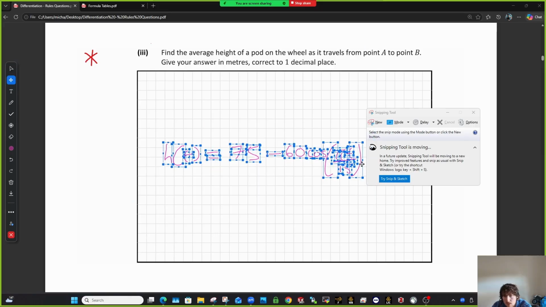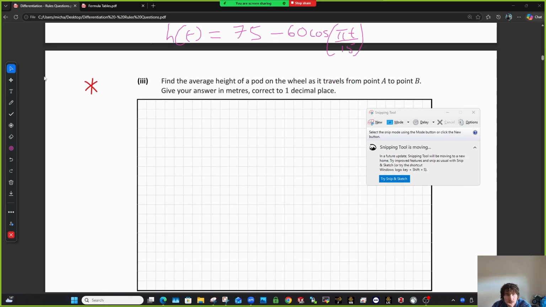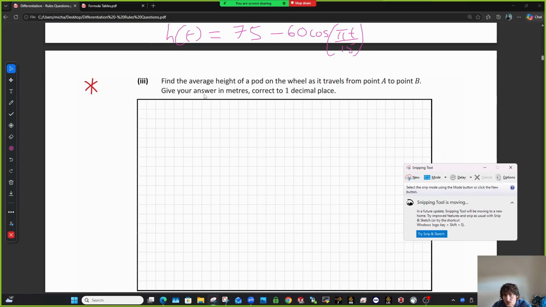Just discussing this now: the word average is a buzzword if ever you see it in the exam. Go through past papers and you'll notice this word is a cue to use the average value formula. We should all know this from our integration chapter.